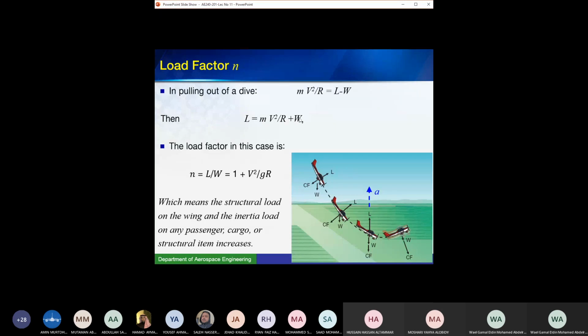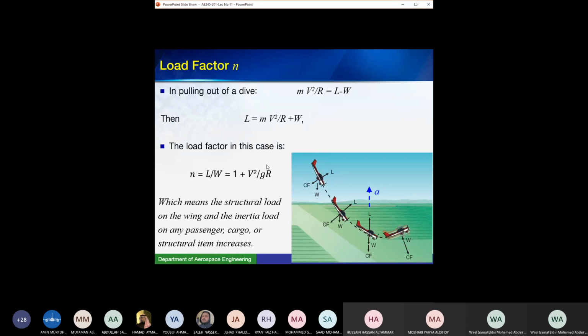I will divide the whole equation by W. This will be 1 plus V squared over R, and m over W is 1 over g. So that will be V squared over g R. So that's the expression of the load factor. Now, why did we put it in this form?